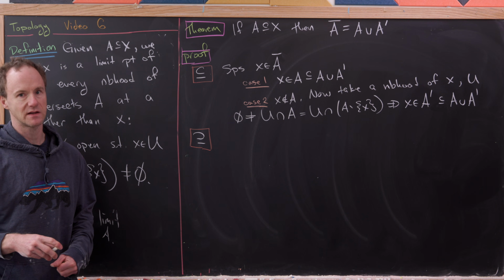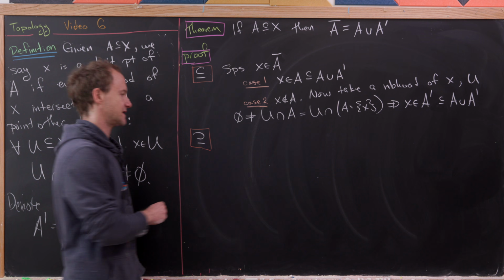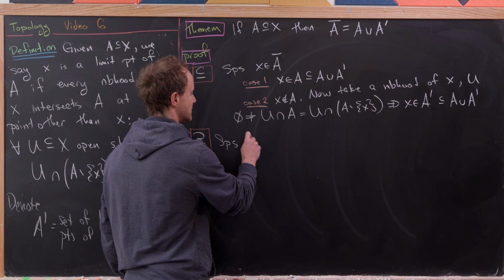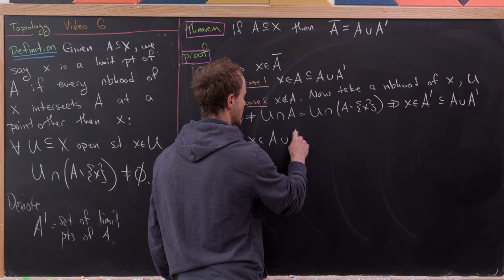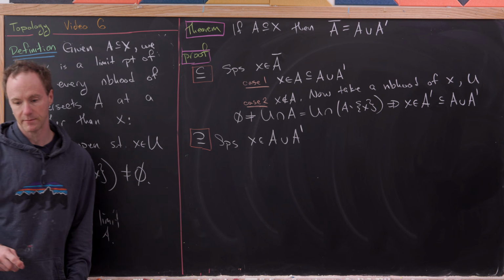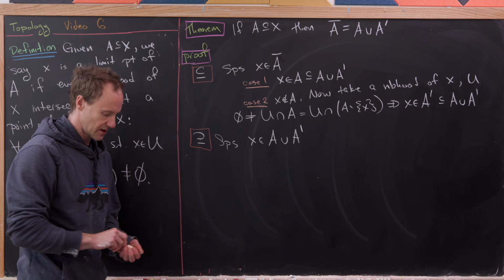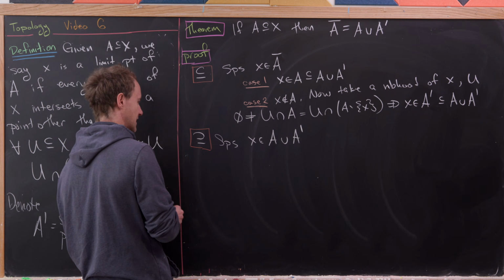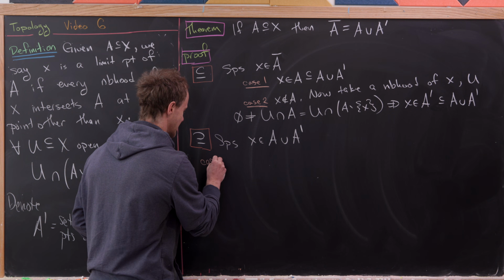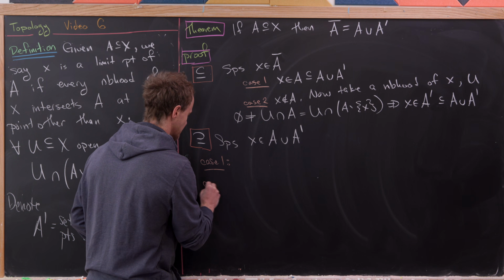Okay, so now let's look at this reverse containment. So let's suppose that x is inside of A union A prime. Now, we're going to break this into two cases again, and they're going to be almost the same as the ones that we just saw.